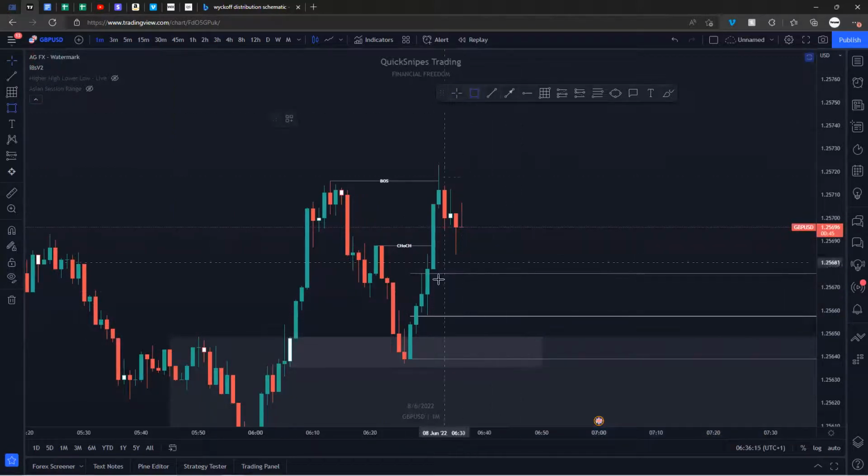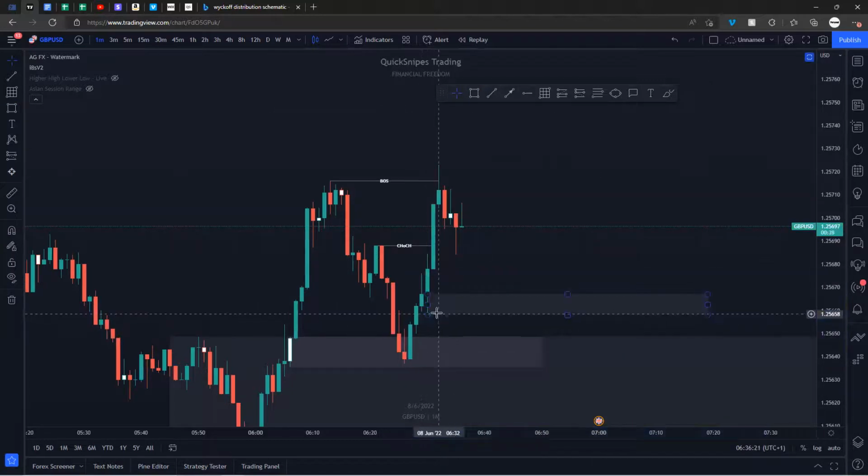So maybe something off of this wick, because that wick has grabbed the low of that wick, so it's really a liquidity sweep.